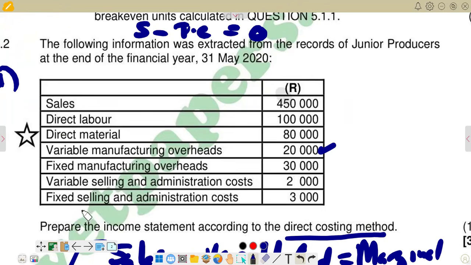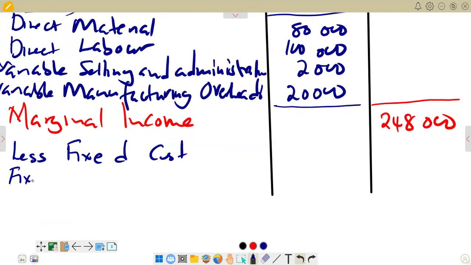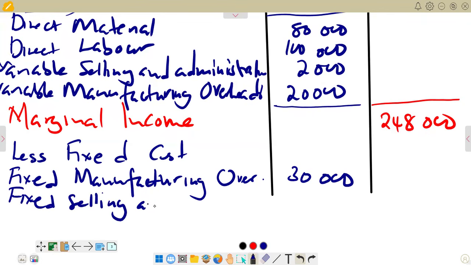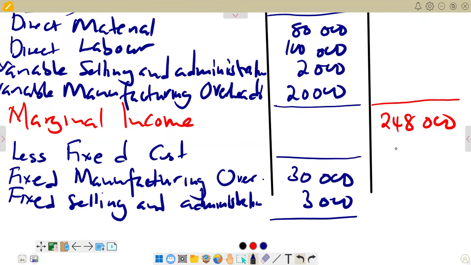So we can just go and list those. Fixed manufacturing overheads, and the amount that we have is 30,000. Then we have our fixed selling and administration, the figure that we have is 3,000. Then we add the two to get 33,000.